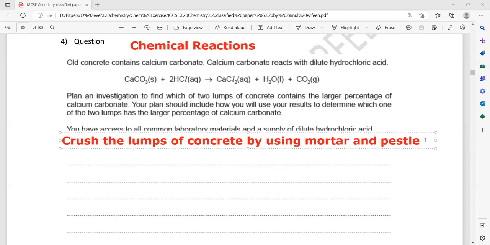Then, after crushing, we measure the mass. Because we have two lumps of concrete, we have to find which one of the two has the larger percentage. So you can mention, take the first sample and then the second sample.